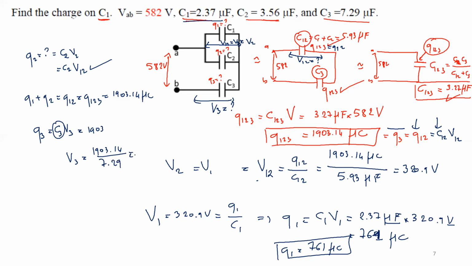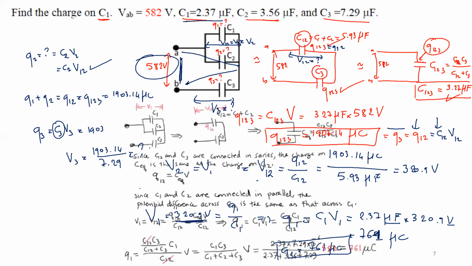So I will get a number here. But I know for a fact that this number plus this number will give you this number, because of the loop rule. The voltage across here plus the voltage across here will give you the voltage across here, which is 582. Good.